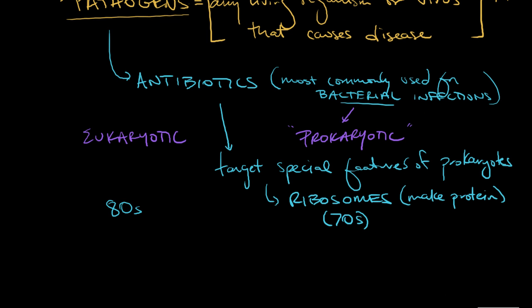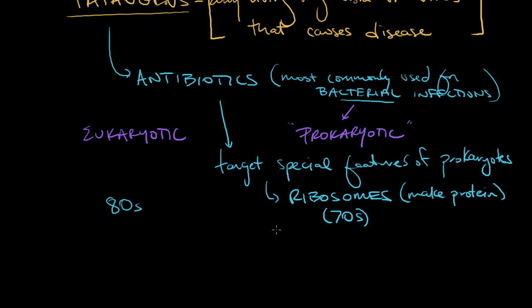And then we have other antibiotics that target cell walls. So bacteria have cell walls. They're not made out of cellulose like plant cell walls are. They can be made out of another chemical called peptidoglycan, but these cell walls can be targeted.